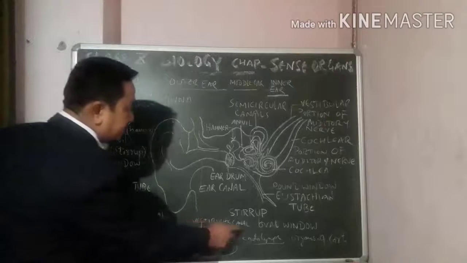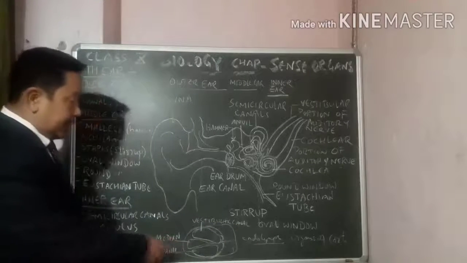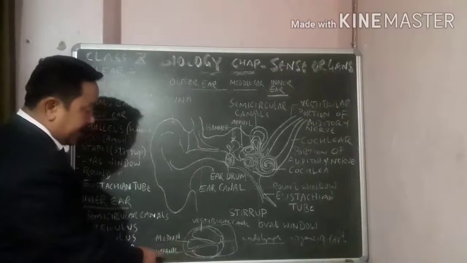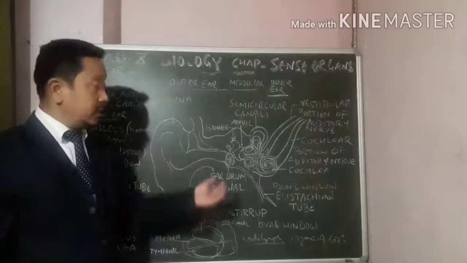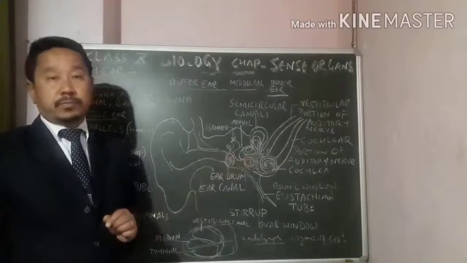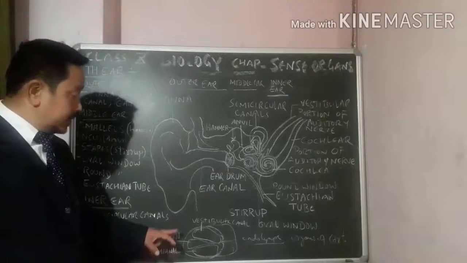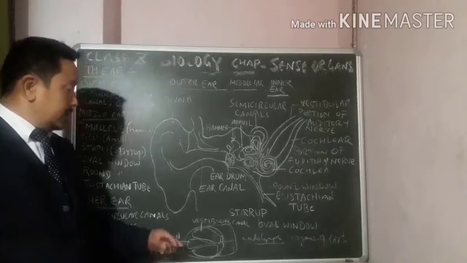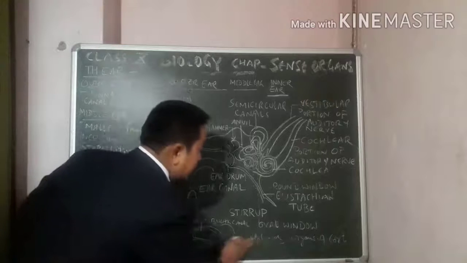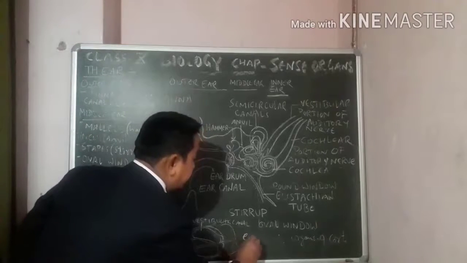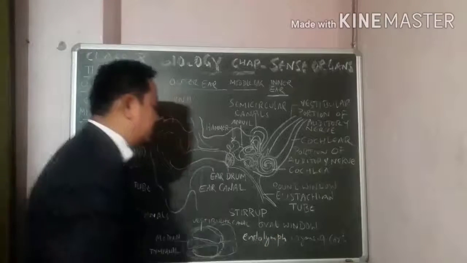The upper one is the vestibular canal, the middle one is the median canal, and the last one is called the tympanal canal. So these three canals are seen internally in the cochlea. This median canal contains a fluid substance called endolymph.